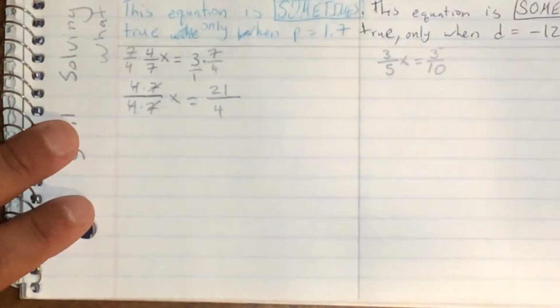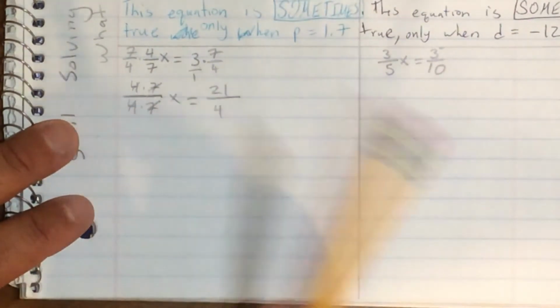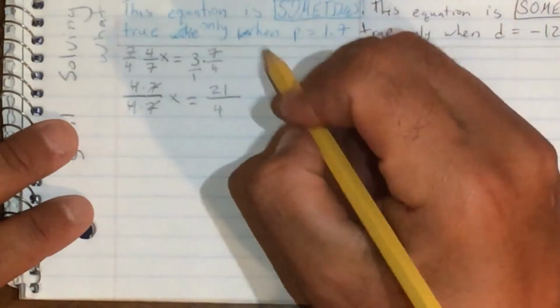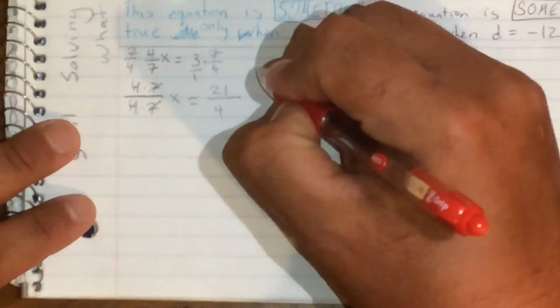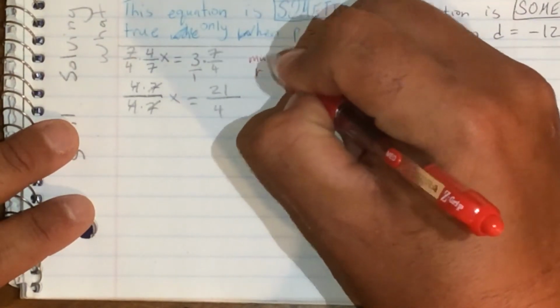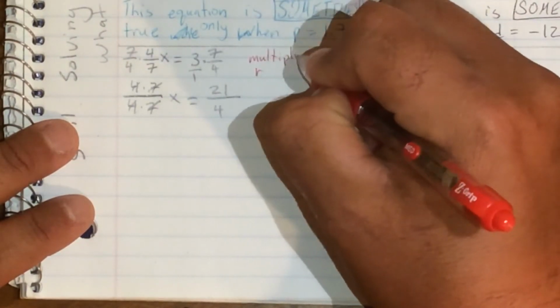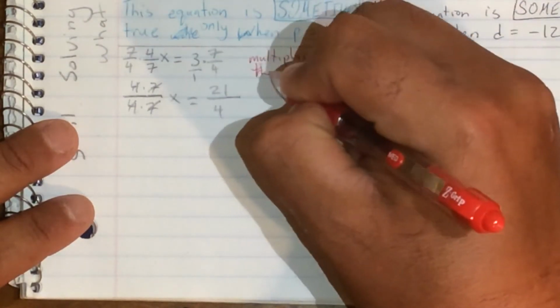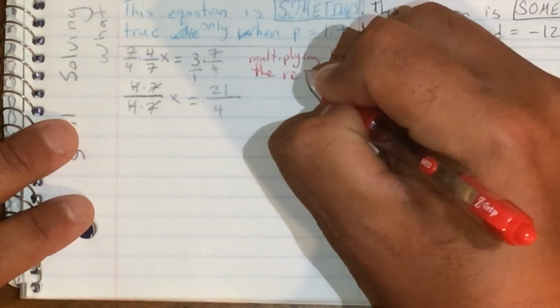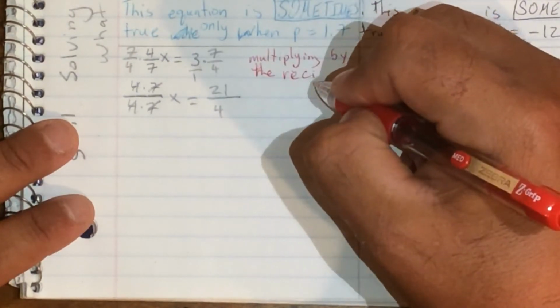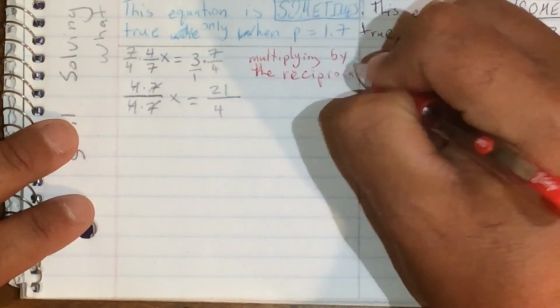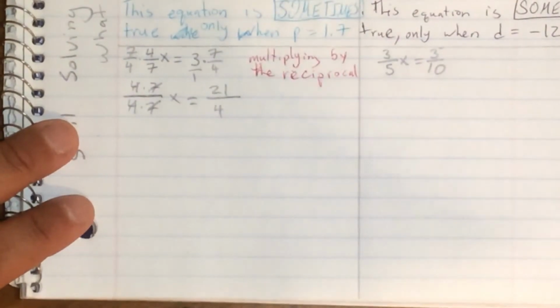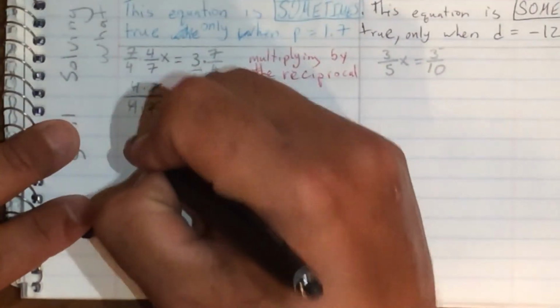We're doing both the division and the multiplication property, but by doing this, we're multiplying by the reciprocal.